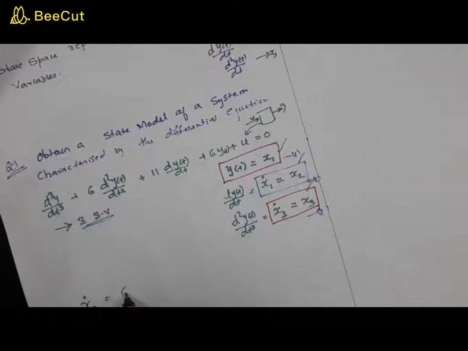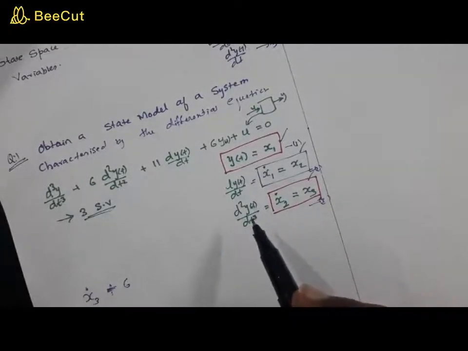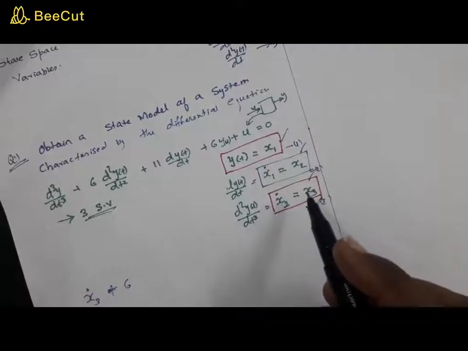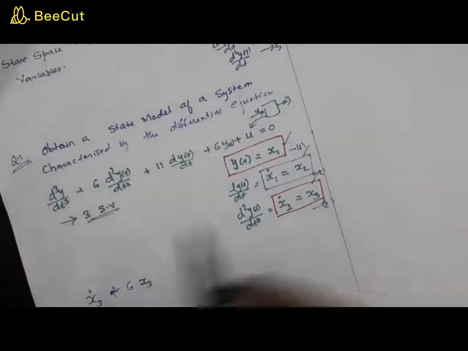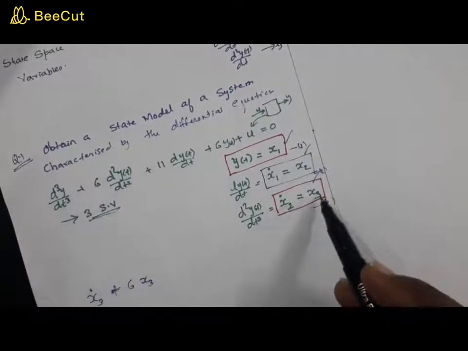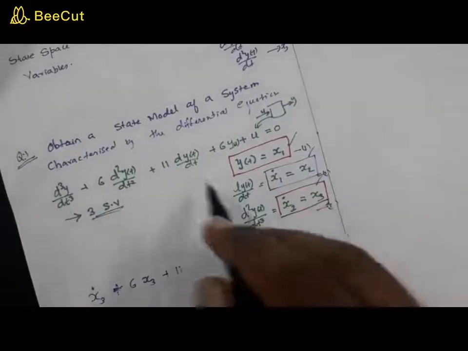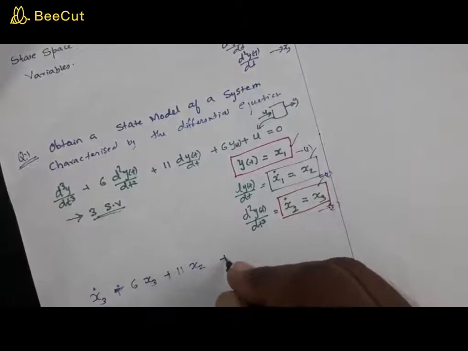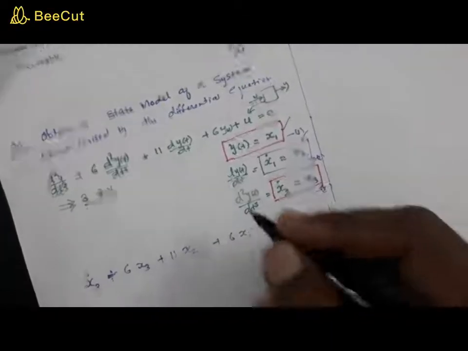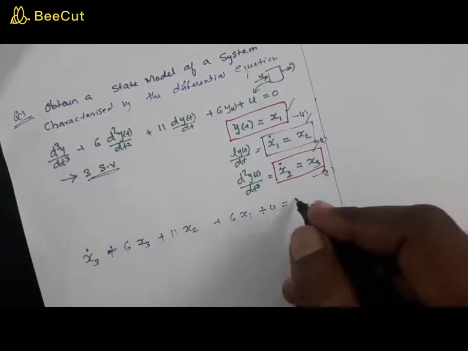x3 dot is equal to 6 plus it is 6 into d square y of t by dt square. And that 6 into d square y of t by dt square is actually equal to 6x3, right? d square y of t is assigned to be x2 dot, or it is assigned as the state variable x3, plus 11 into dy of t by dt, which is equal to x2. 11 into x2 plus y of t, which is x1. 6x1 plus u is equal to 0, right?